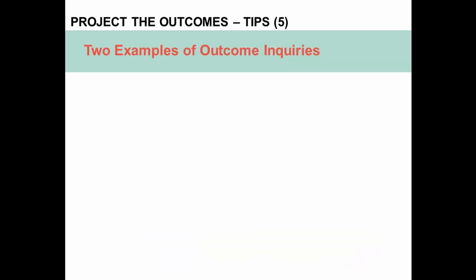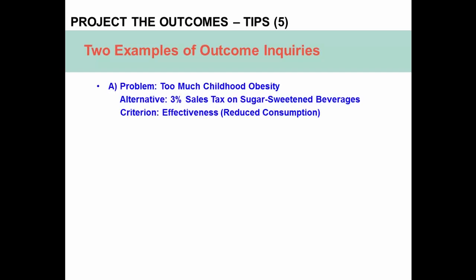Before we conclude, let's discuss two examples of the kinds of inquiries that will be undertaken when we try to project the outcomes. First, take the problem that we've discussed in prior video lectures, too much childhood obesity. Imagine that there's an alternative placed on the table in the analysis, which is to impose a 3% sales tax on sugar-sweetened beverages.